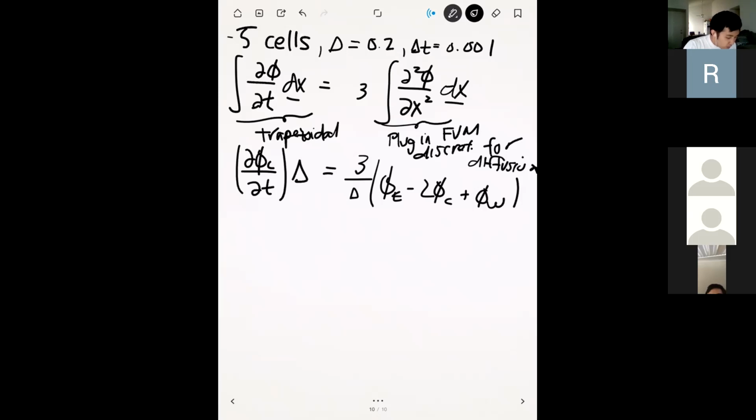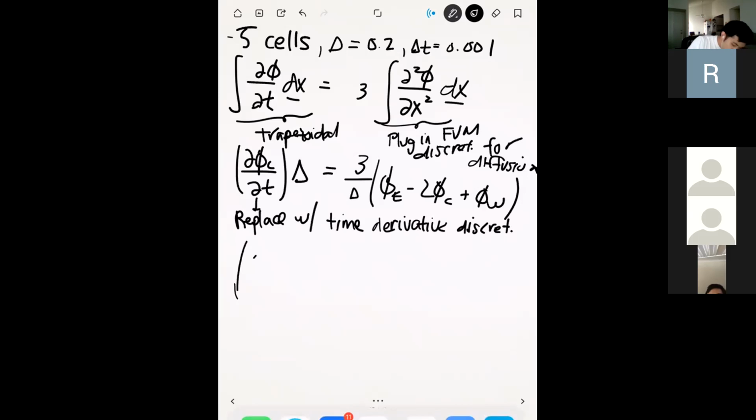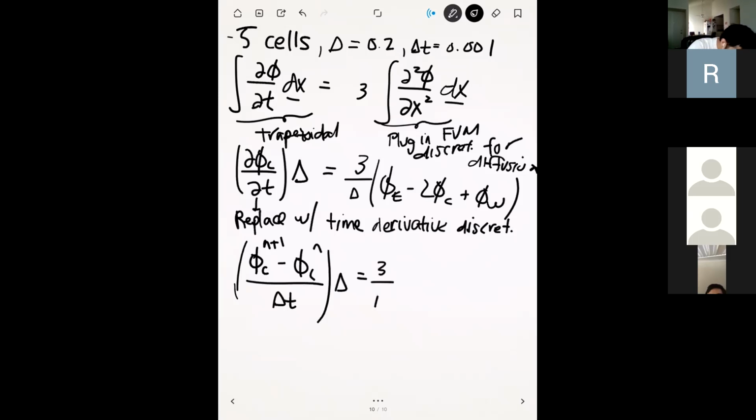From here, we can replace this with a discretization of the time derivative. So this is going to be phi sub c at n plus 1 minus phi sub c at n, all divided by delta t, times delta, equal to 3 over delta.